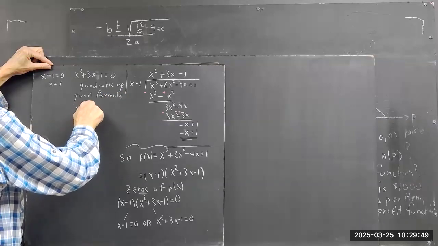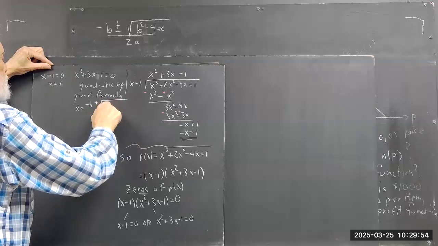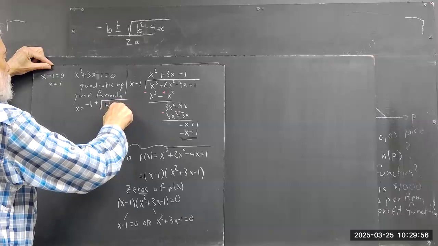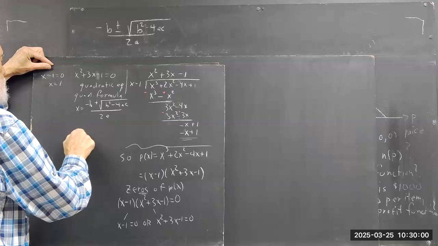Quadratic formula, which is going to be negative b plus or minus the square root of b squared minus 4ac, all divided by 2a.